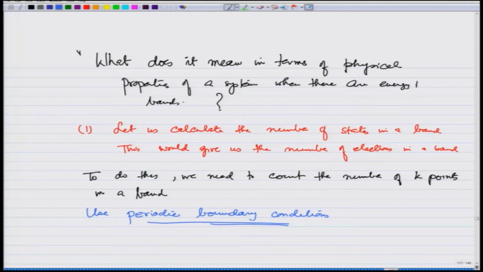So, suppose we have this set of atoms which are forming a one dimensional metal, extending from minus infinity to infinity. What we will do is demand that over N atoms the wave function repeats itself.